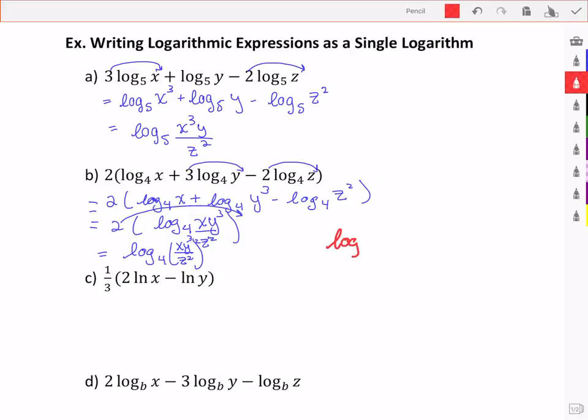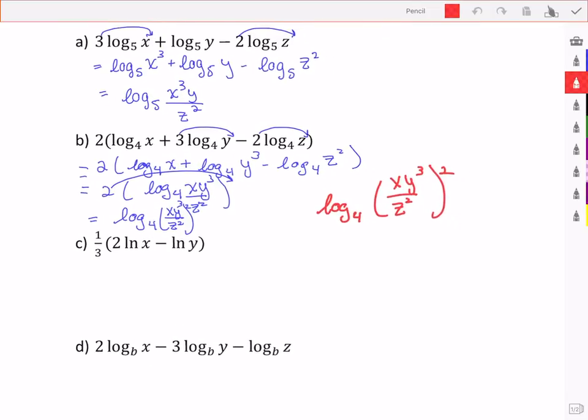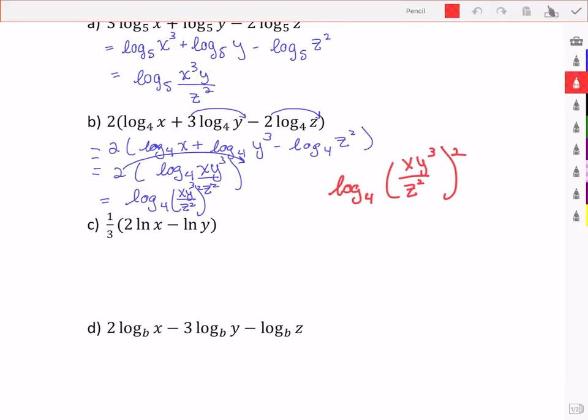Kind of need to write that one again. Log base 4 of x y cubed over z squared, squared. Okay? And that would be the answer on that one.